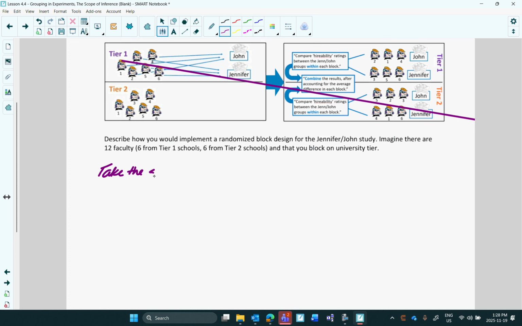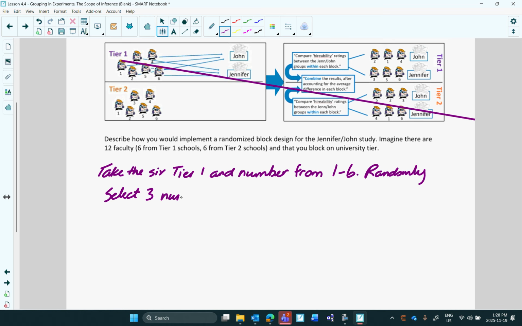So take the 6 tier 1 and number them from 1 to 6. Randomly select 3 numbers. Assign those people to the John group.